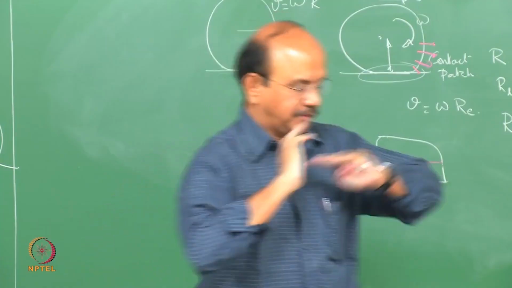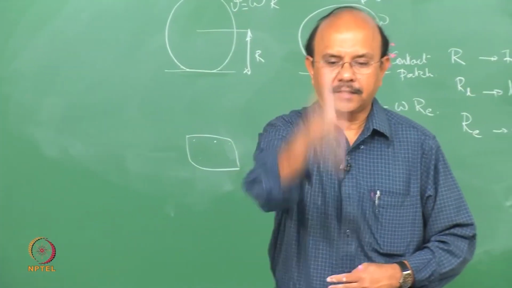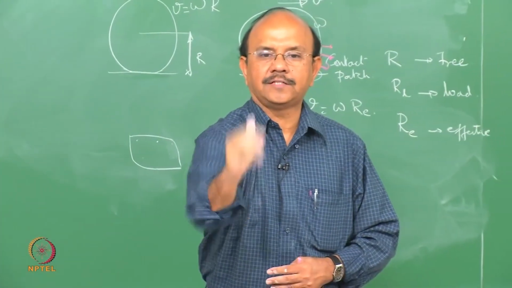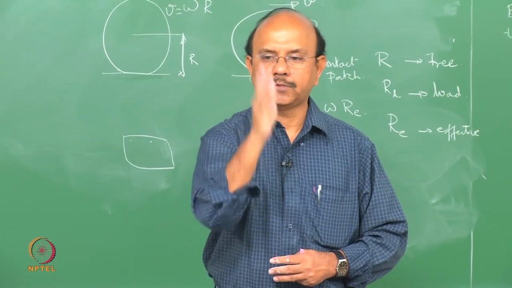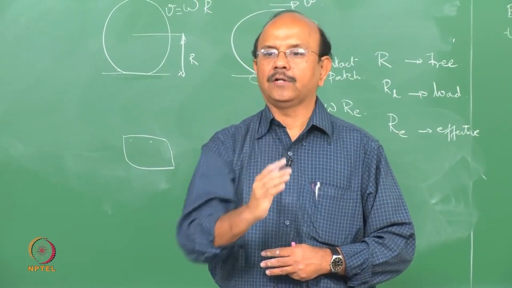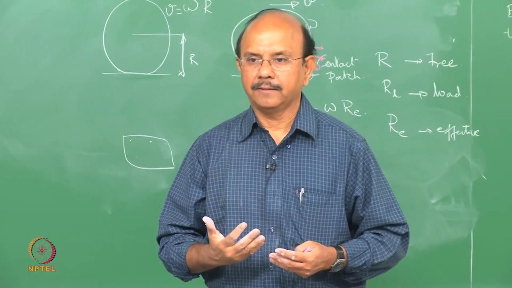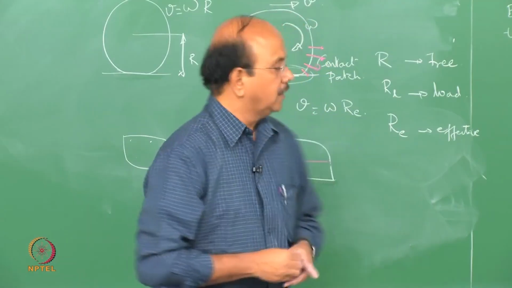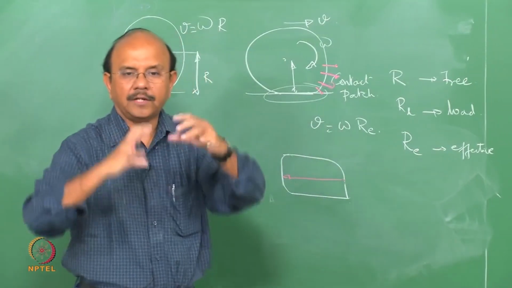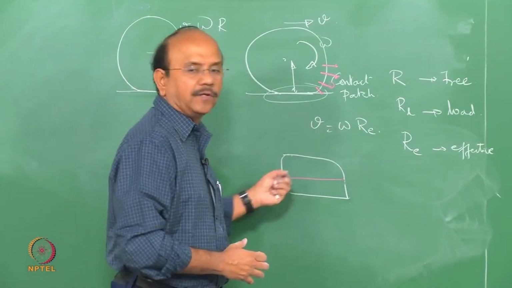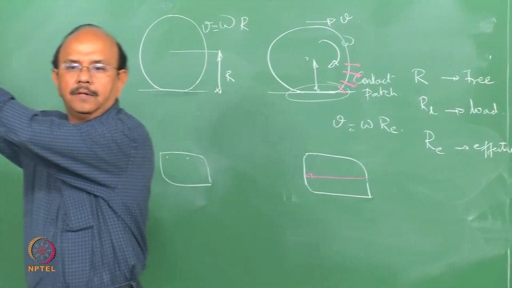So I'll hit here, I'll stand here, another guy goes there, someone else, and so on. So with respect to the ground, with respect to the contact patch, actually I'll be going behind. Ultimately, because of this rolling, I'll come to a situation where I am at the end of the contact patch, I'll rise up and go out.